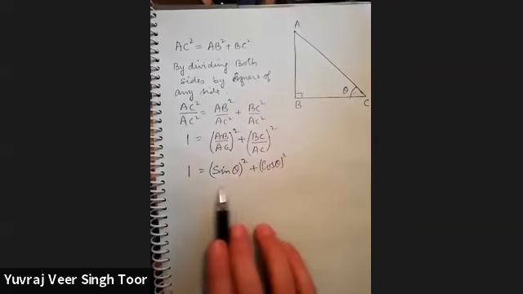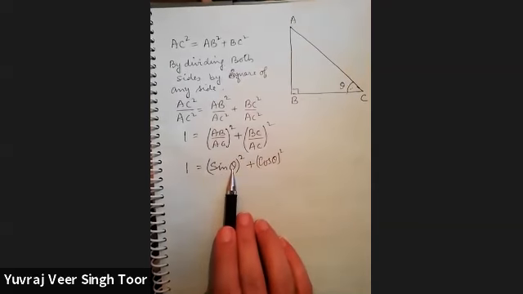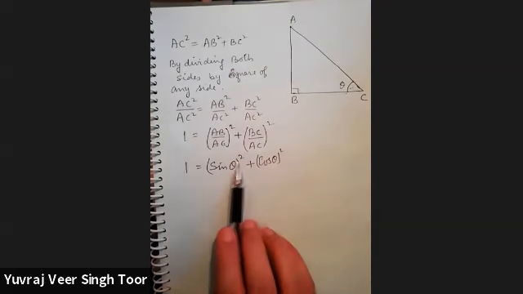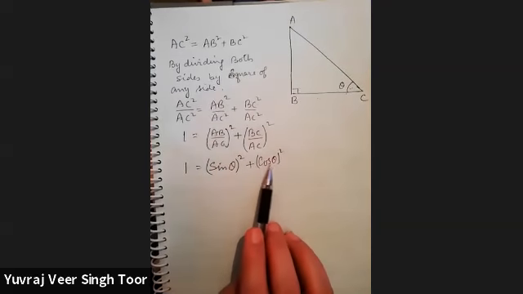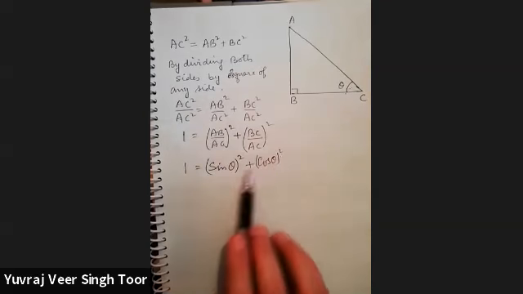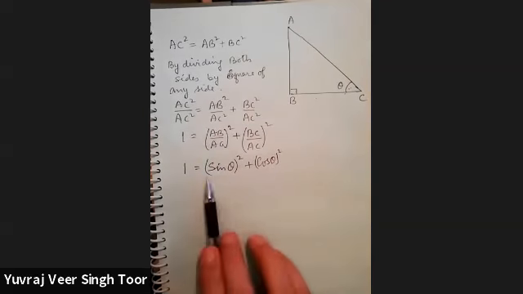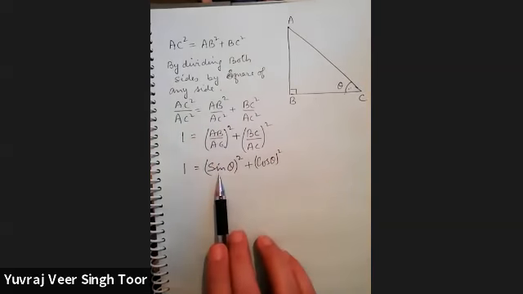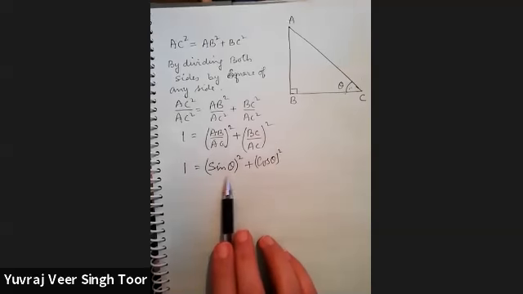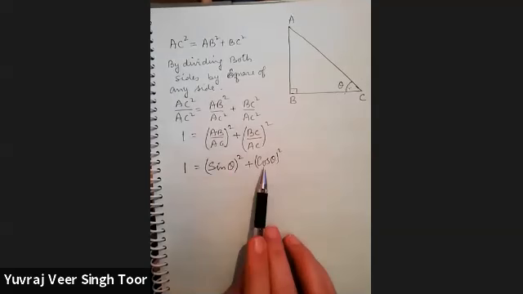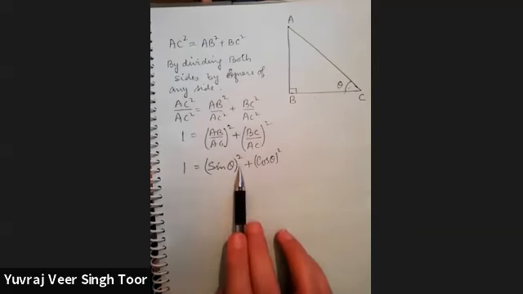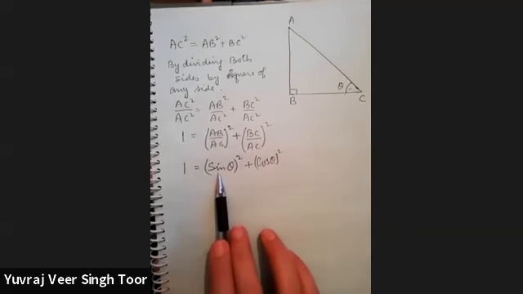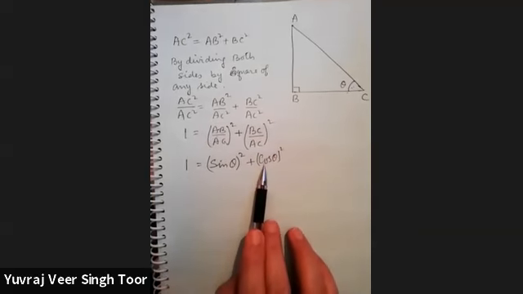Now I would like to tell you sine theta is a ratio, and this square means square of the ratio. Cos of that angle gives a ratio, then square of this ratio. For the same angle, this result says whatever the ratio you get for sine theta, square it and get the ratio of cos theta, square it and add them, you'll get 1. So this result is taken as identity.